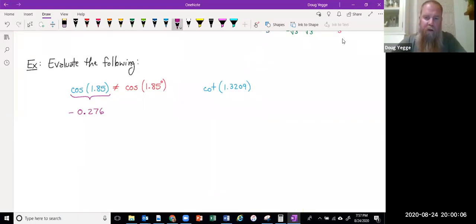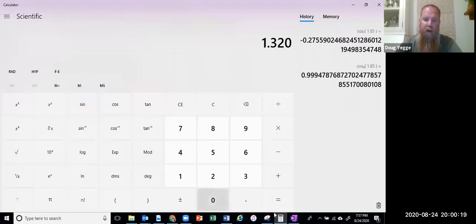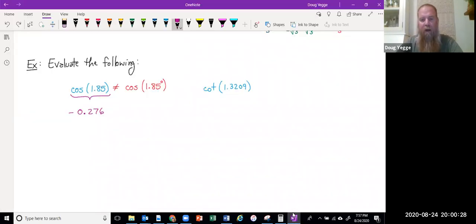Now let's take a look at cotangent of 1.3209. So notice first of all that there is no degree symbol. So I know that this indicates that it's a radian measurement. So I go to my calculator, and if I punch in 1.3209, I now want cotangent. But remember, there is no cotangent button here. So instead, we're going to have to do a little identity in order to change this.